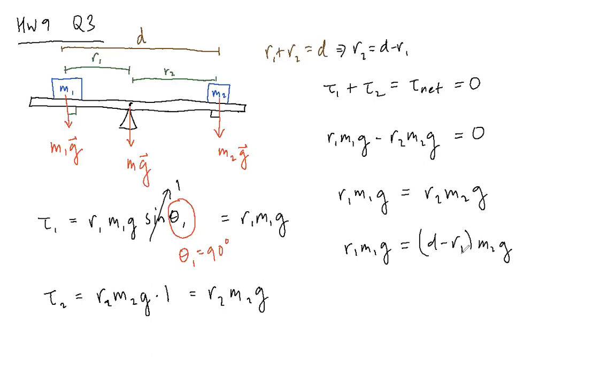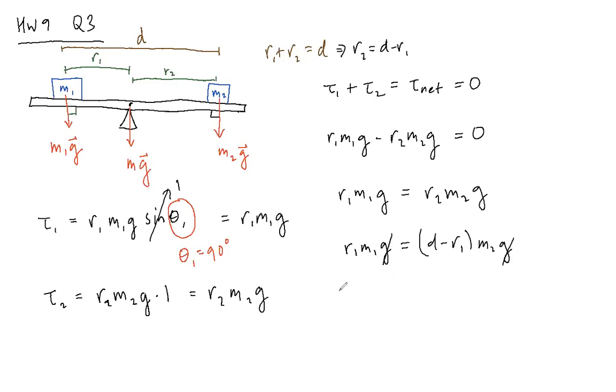And we can divide both sides by G. So the G goes away. And then we can divide both sides by M2.